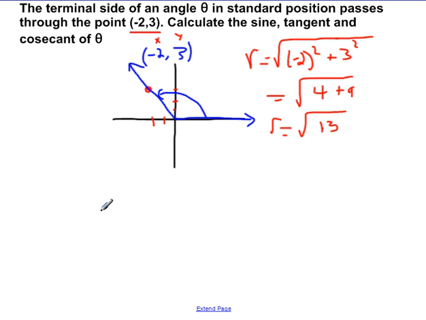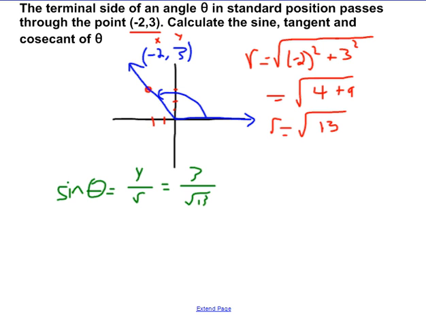So for our 3 trig functions here, let's start with sine. So we need to put sine of theta equals, now hopefully we remember from previous that it's y over r. So y is 3, r is root 13.